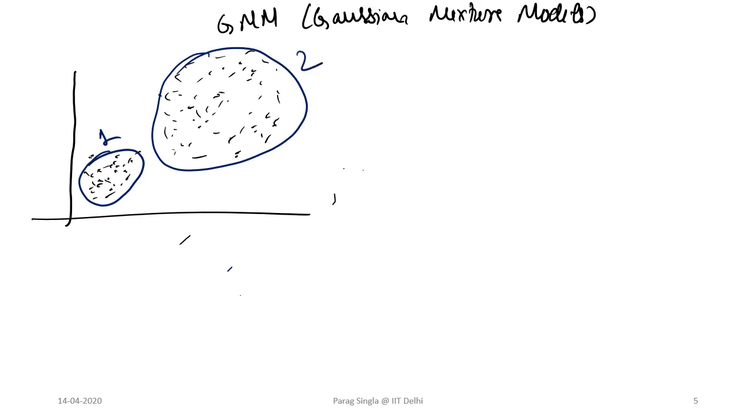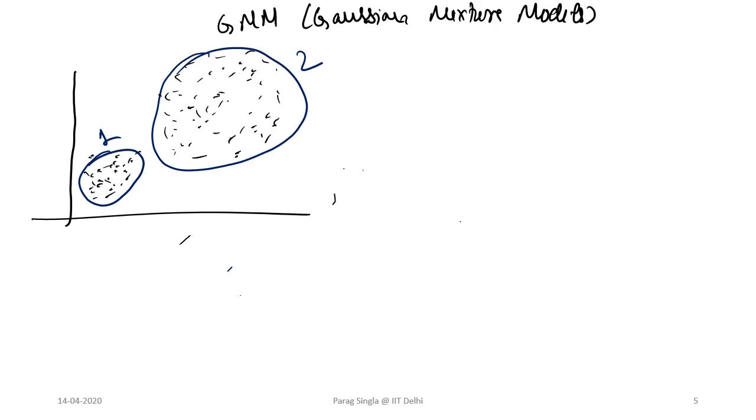In Gaussian mixture models, the idea is that we will model the set of points using a mixture of Gaussians, where the distribution of points within each cluster will be described by a Gaussian distribution.